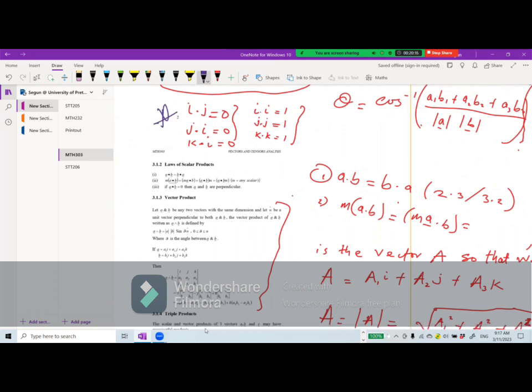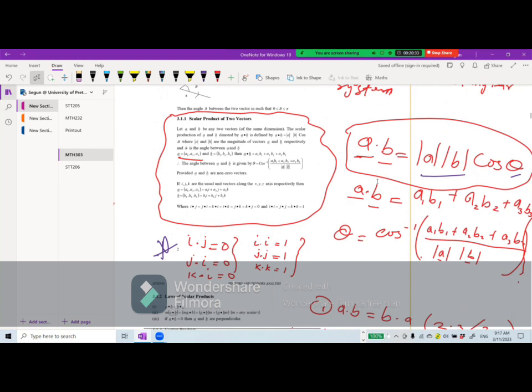Anytime you have i dot j is equal to 0, anytime you have j dot i equal to 0, k dot i equal to 0, and anytime you have i dot i is equal to 1, that's why we can have in this place A1 i plus A2 j plus A3 k.